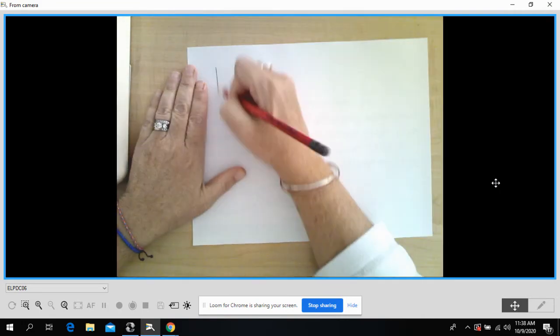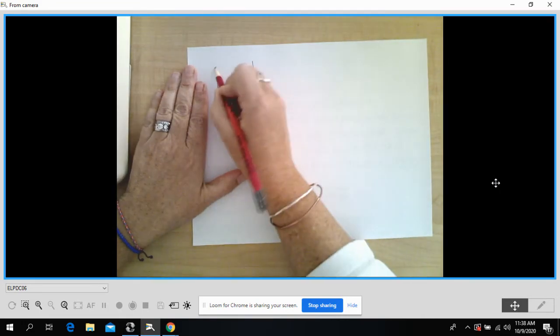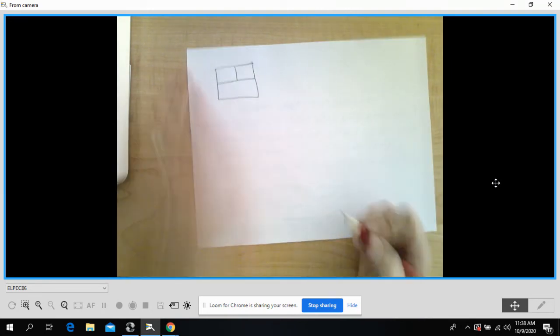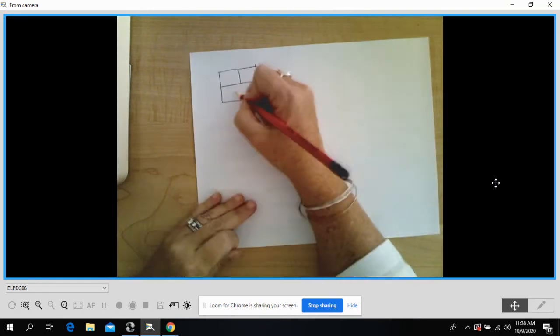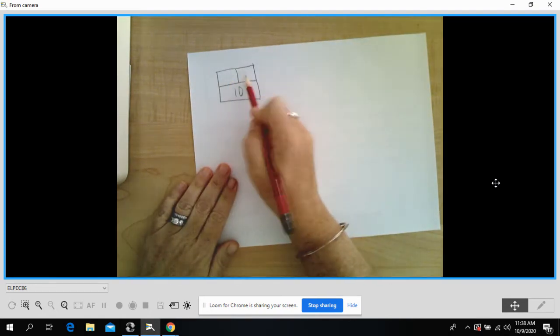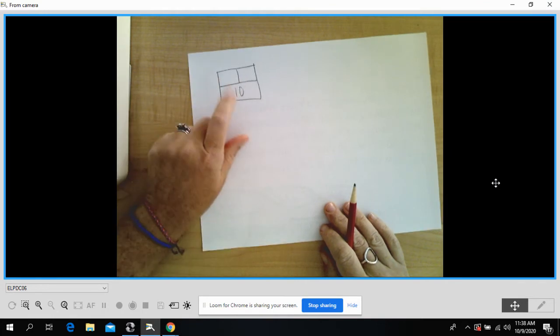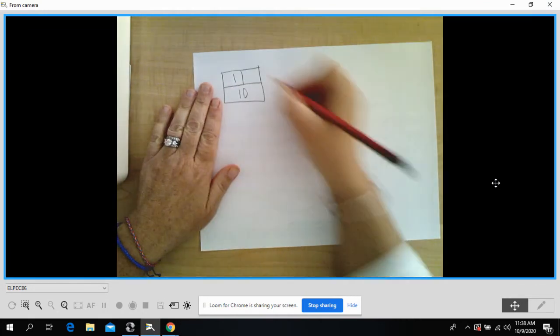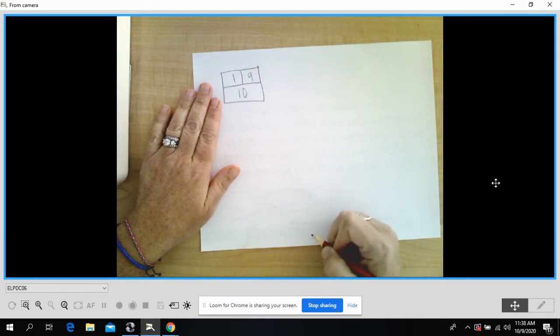I'm going to flip my page over. So I'm going to make my box that helps me stay organized. What if in her kitchen she only had 10 pieces of candy? Only 10. And we had to figure out the two parts. Well, think about that. Could she have 1 Starburst and 9 Tootsie Rolls?